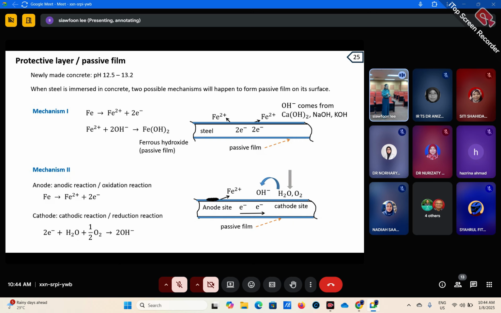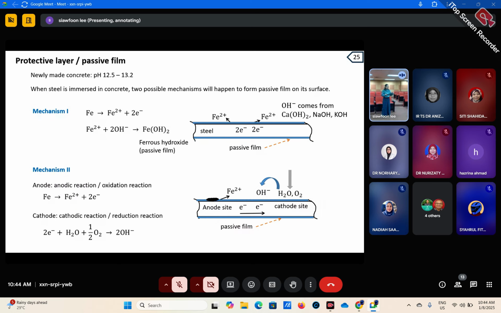So what happens is the ferrous atom will get dissolved, and then the electron will move inside the steel, and the hydroxide ion will mix with the ferrous ion and form the passive film. And another mechanism is that when they mix the concrete, they will drag in some oxygen, very little oxygen, and this oxygen also will help to form this passive film.